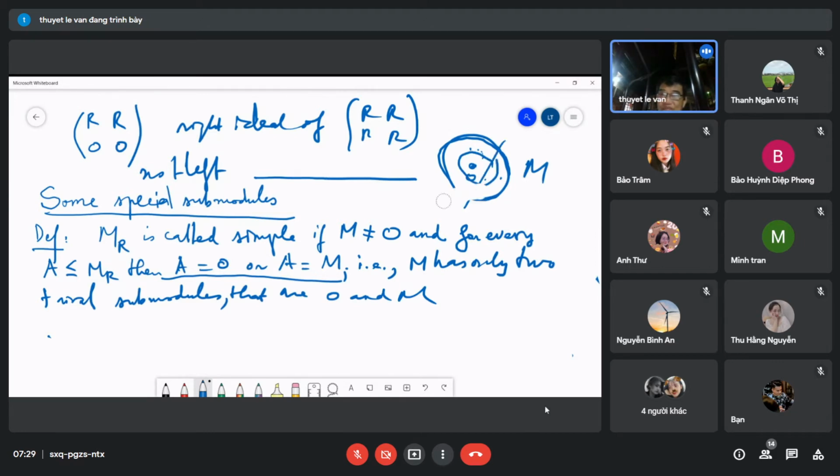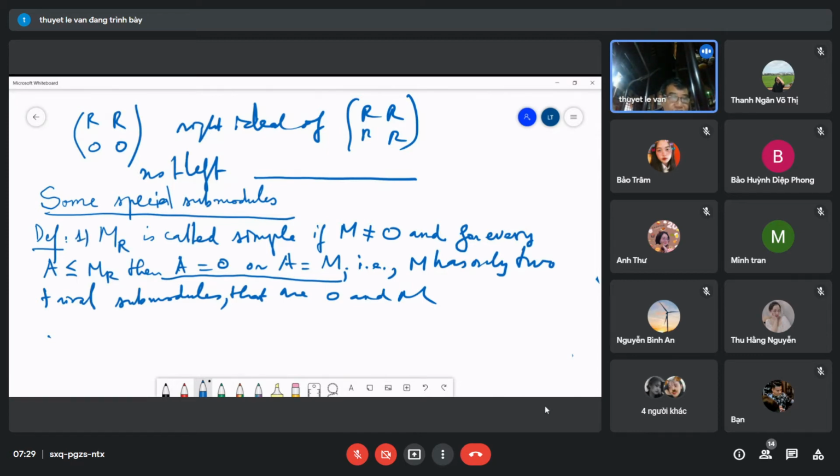There is only 0 and M as submodules of M. And then we will call it M_R is simple. So that is the first definition.